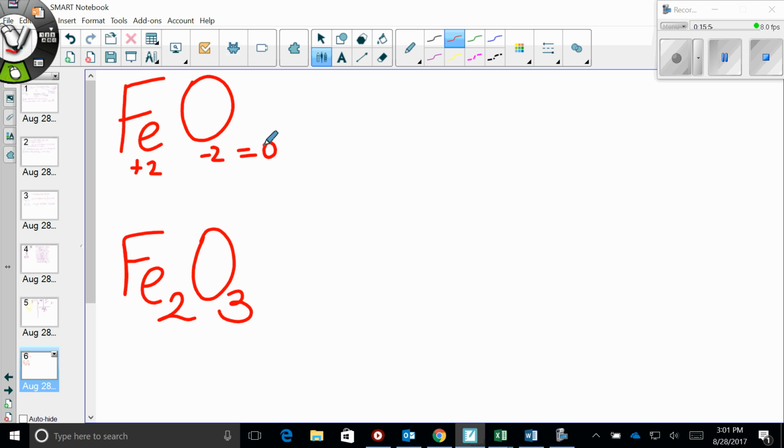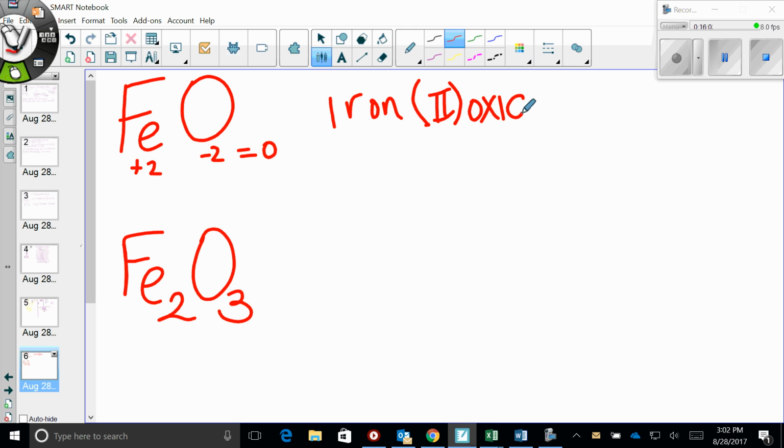So what's the name of this? Iron 2 oxide, because it's a transition metal, I have to name its charge. These are two separate examples.